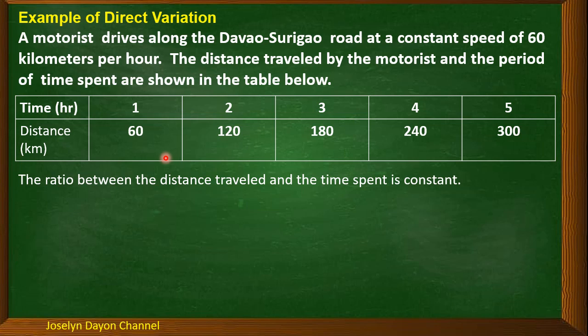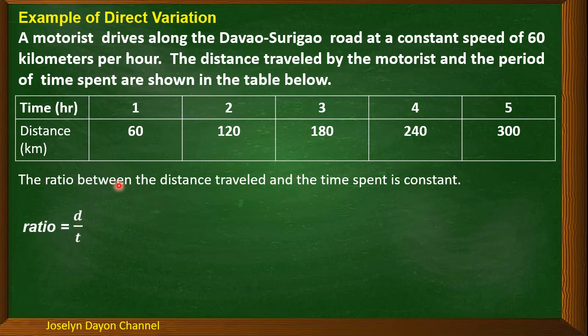You will know that the table of values is direct variation if the ratio between the two variables is constant. So in here we have the distance traveled and the time. Now let us check the ratio between the distance traveled and the time spent.